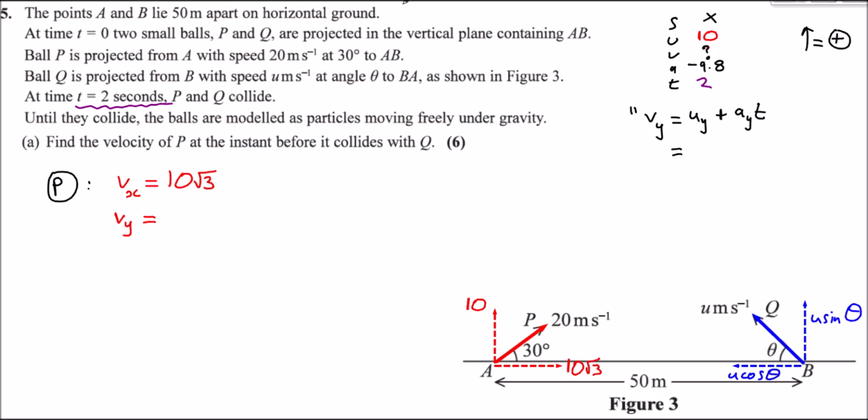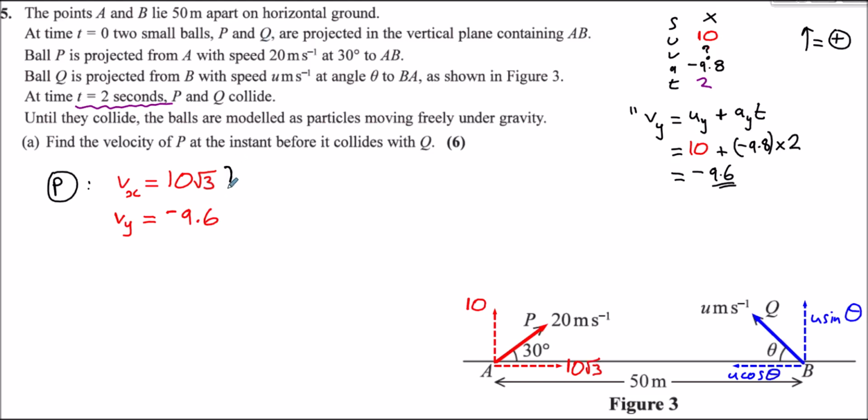So vy will be 10 plus the acceleration, which is minus 9.8 because it's in the opposite direction, multiplied by 2. And that will give you minus 9.6. So therefore vy, the component of the velocity in the vertical direction, is minus 9.6.